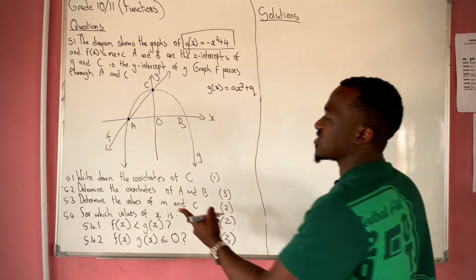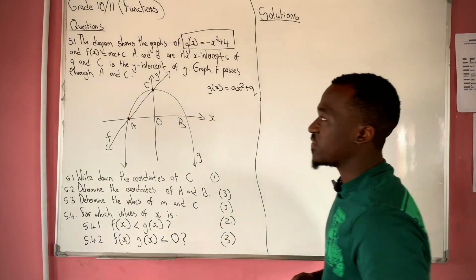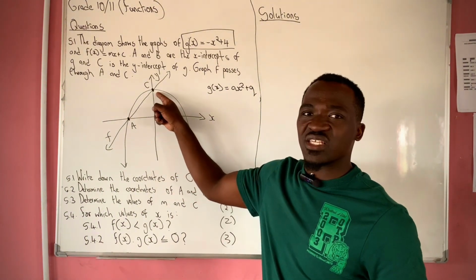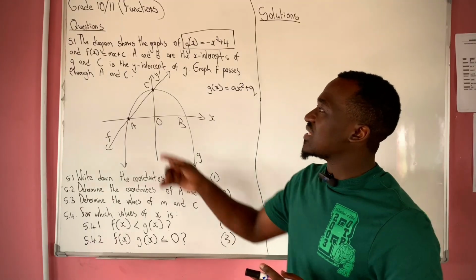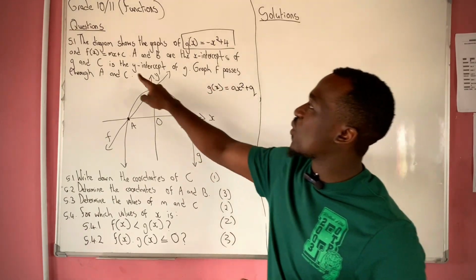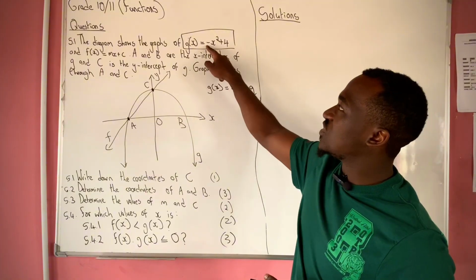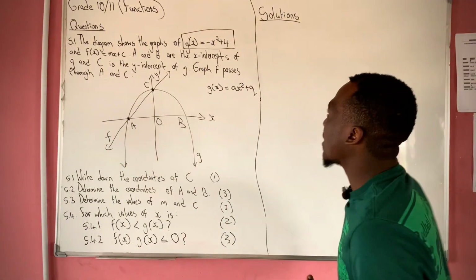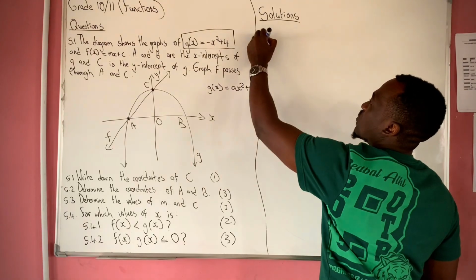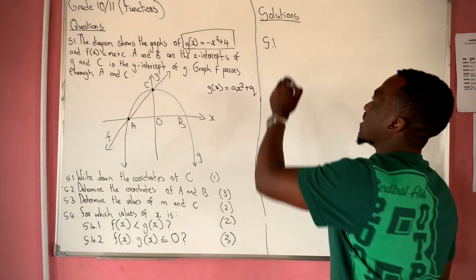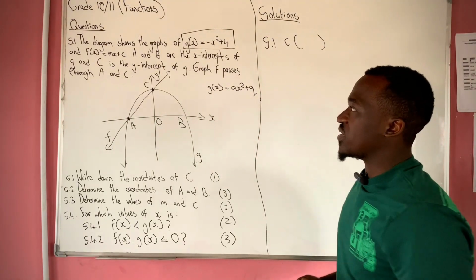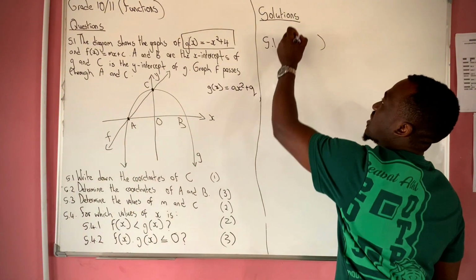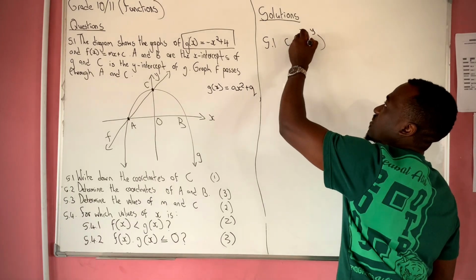So 5.1 says write down the coordinates of C. Now if it says write down the coordinates of C, we look at where C is, and we can simply see that C was stated to be the y-intercept of g, and our graph of g is the parabola, facing down. That's C there. Now, the y-intercept, you know it's supposed to be x is to y here.